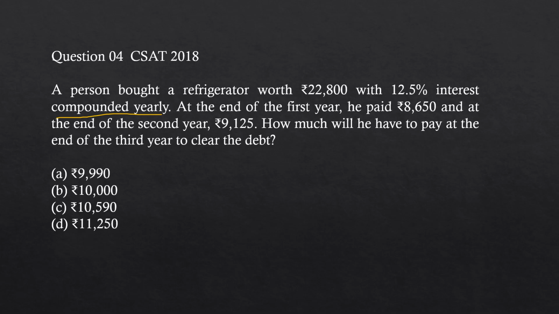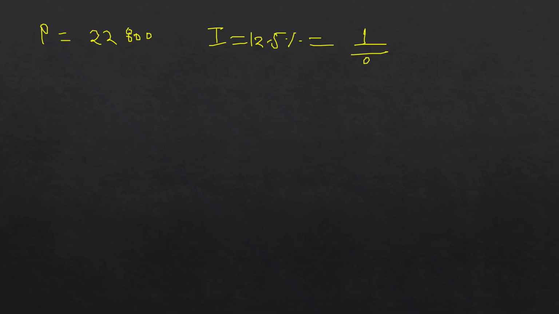Now we'll see the correct answer. Now please try to understand what I was saying. Principal for first year is 22,800 and we have interest 12.5%. So we can write 1 by 8 in fraction.